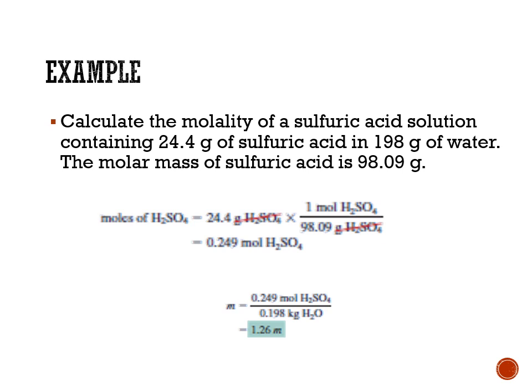So, from the moles of sulfuric acid or H2SO4, given 24.4 grams of H2SO4 times 1 mole of H2SO4 divided by 98.09 grams or yung molar mass.